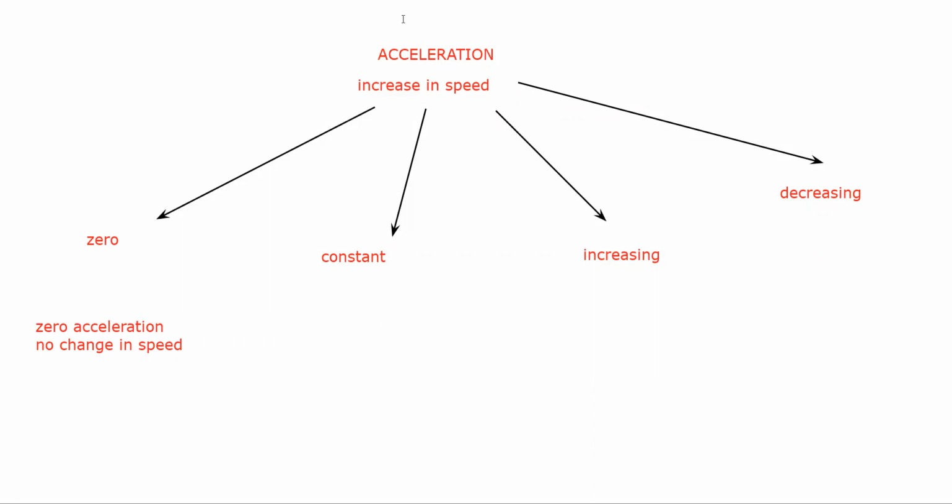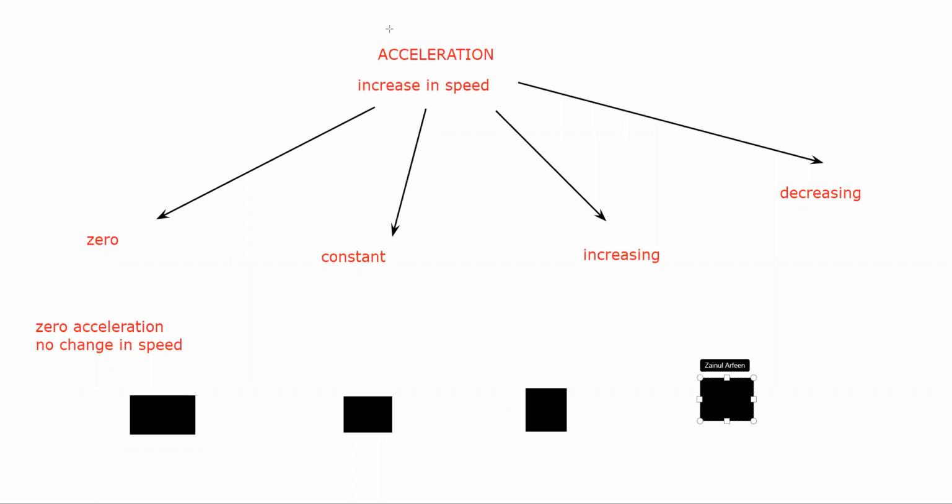So if you have an object at different positions, the speed of the object was 15 meters per second. At this point also the speed of the object is 15 meters per second.